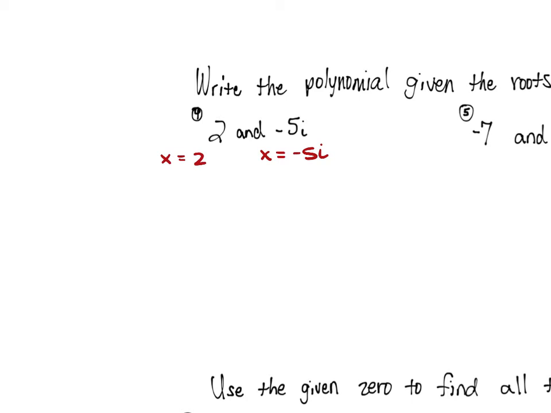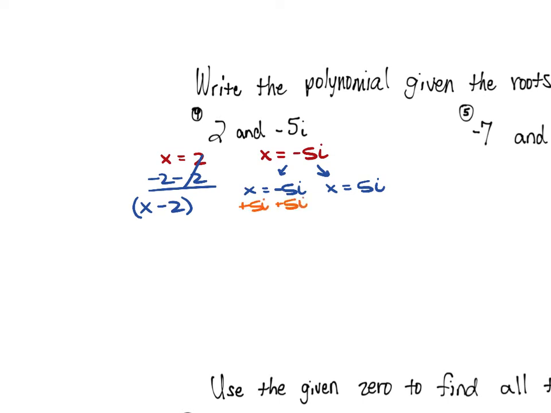You need to find the conjugate of the negative 5i as well, because it has that imaginary number attached to it. So this is going to give us x minus 2, and then this is going to separate into x is equal to negative 5i and x is equal to positive 5i. So we're going to move those over.